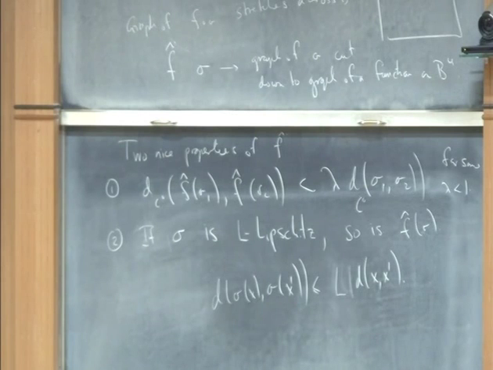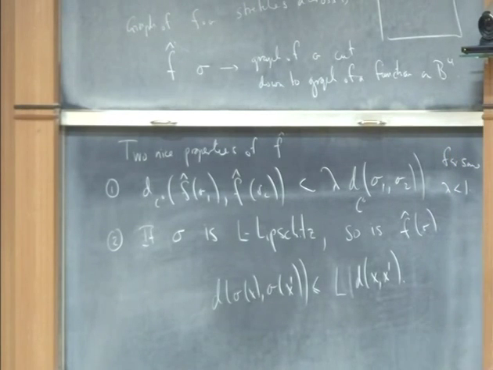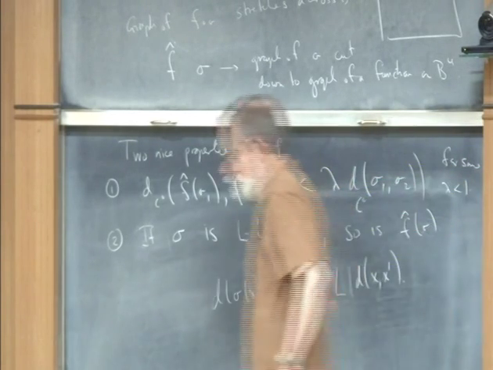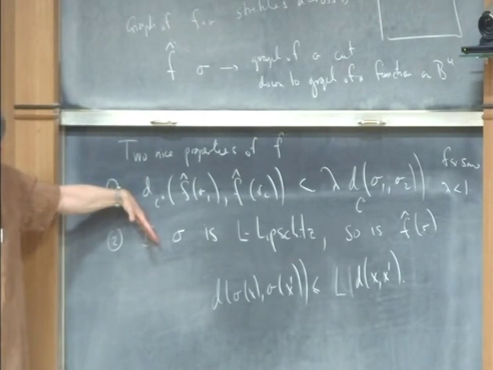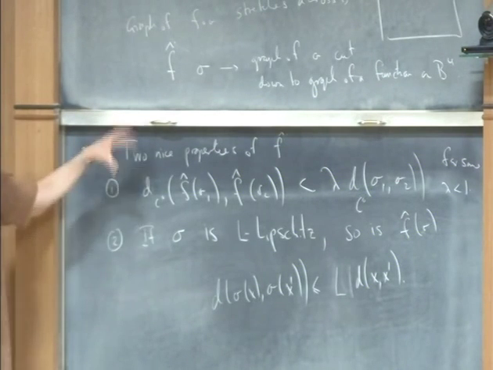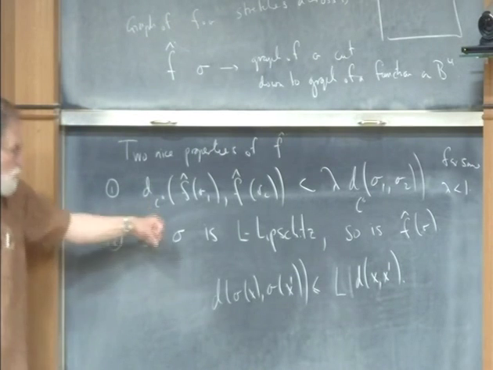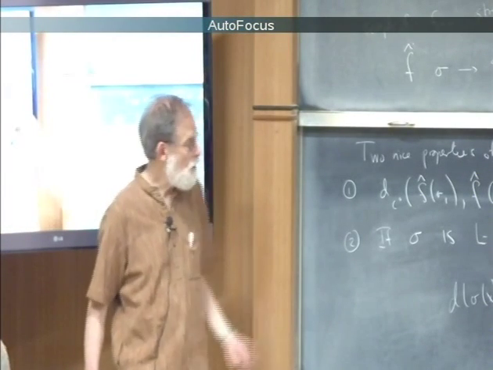So in fact, your new graph is not only Lipschitz, it is going to have a better Lipschitz constant, but it is at least as Lipschitz as what you started from. So you can think of the graph transform as acting on the space of L Lipschitz maps, and it is a contraction in the C0 topology, and it preserves the Lipschitz property. So they're really the two key properties of the graph transform.